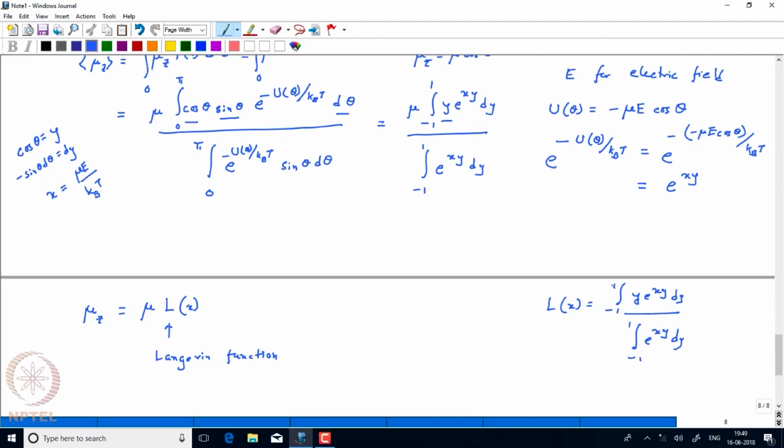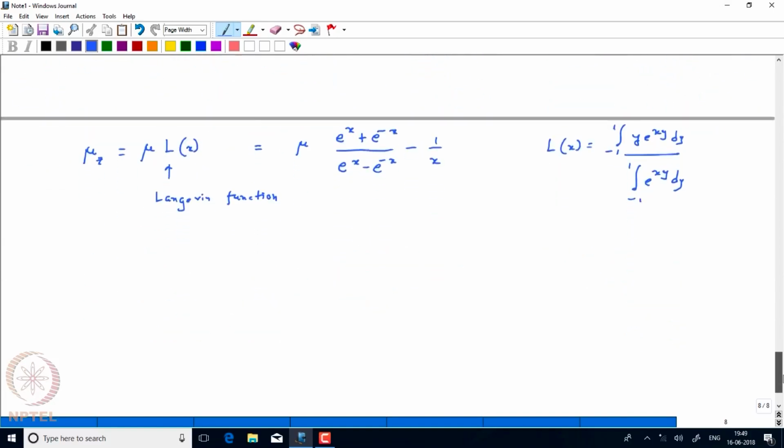I'm giving you the answer: mu times e to the power x plus e to the power minus x, divided by e to the power x minus e to the power minus x, minus 1 by x.